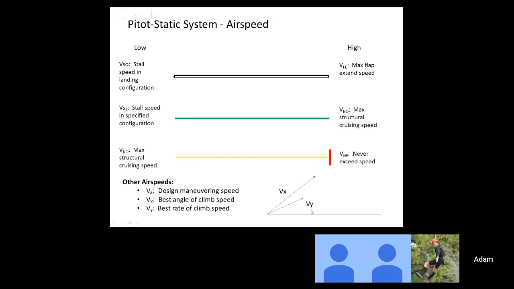And conversely, Vy, or best rate of climb, is the speed at which your aircraft will climb the most altitude in a given time. So that's why they call it best rate. It's how quickly can I get the highest altitude in a given amount of time.